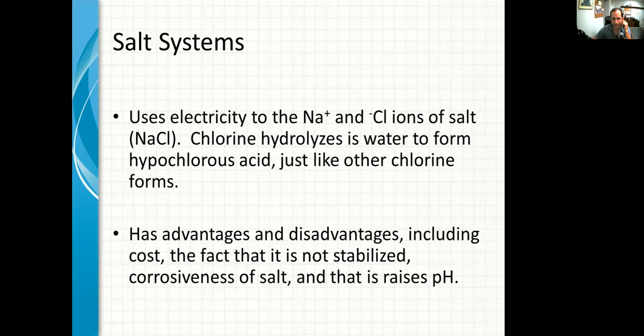And it also tends to raise the pH. Those are all considerations with a salt system. Yeah, especially with the shortage this year on tabs and other forms of chlorine, I'd say that would be one advantage to having a salt system for this year, for sure.